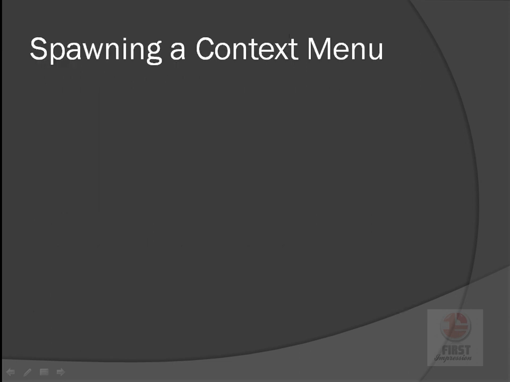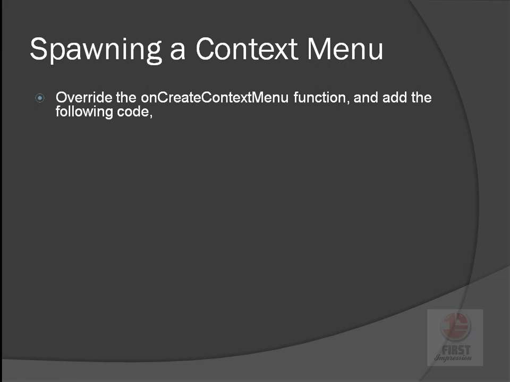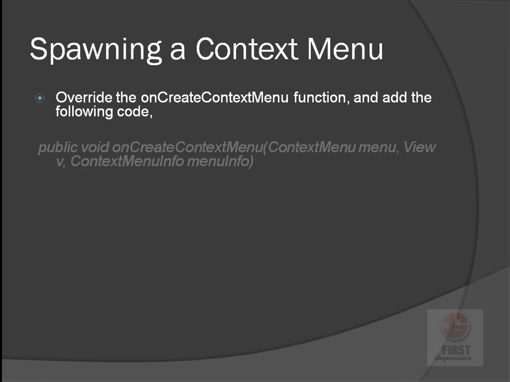Once we are done with that, then to spawn a context menu, Android requires you to override a function onCreateContextMenu. So whenever you long press on a view that has been registered for a context menu, Android will by default call onCreateContextMenu for it. So we'll say public void onCreateContextMenu.